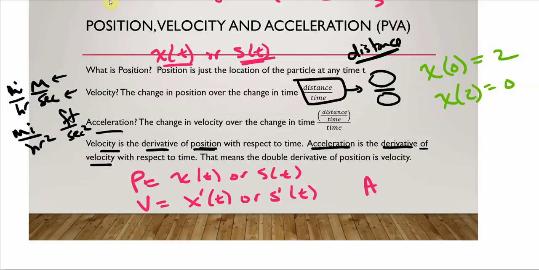Acceleration is v prime of t, or it can be x double prime of t or s double prime of t. Basically, acceleration is the second derivative of position, or the derivative of velocity.